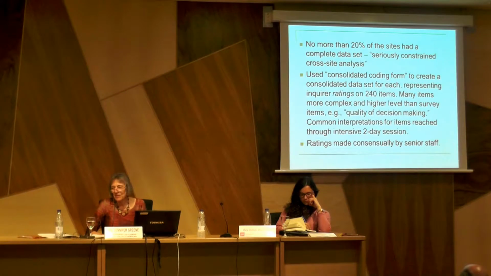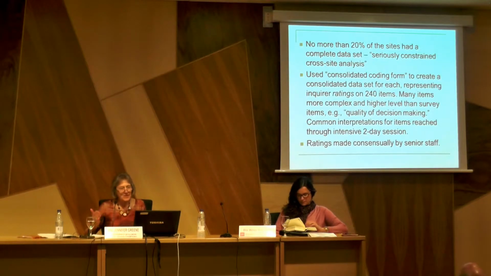Most of these 240 items were at a higher level than the actual data. For example, rather than having information on decisions made, they rated the quality of the decision making. The team debated for 2 days over this coding and tried to reach common interpretations during that time period.